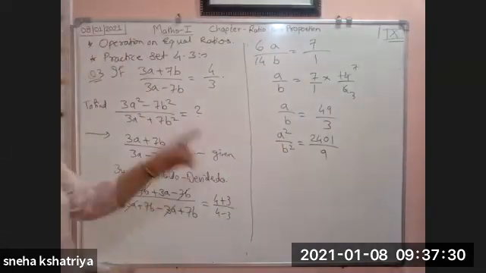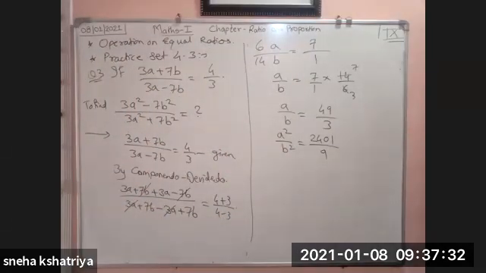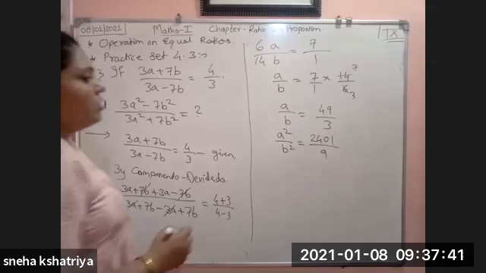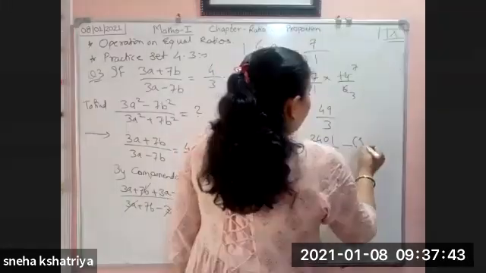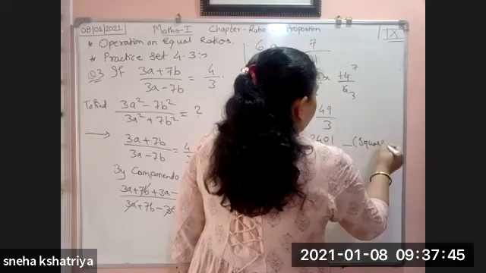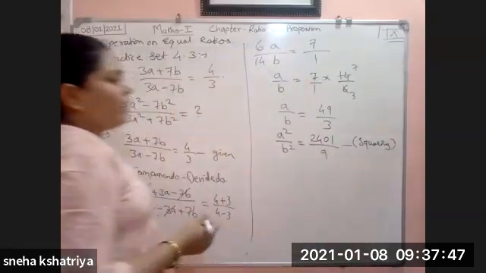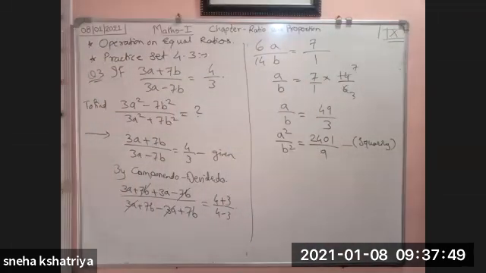Okay, if you have to do the square of 49, you can do it also. But 9 9s are 81, so last one is there. So the square of 49 is 2401 divided by 3 square is 9. So here you have to write squaring. Squaring both the sides. Okay. Now squaring done. What is the coefficient of a? It is 3. What is the coefficient of b?